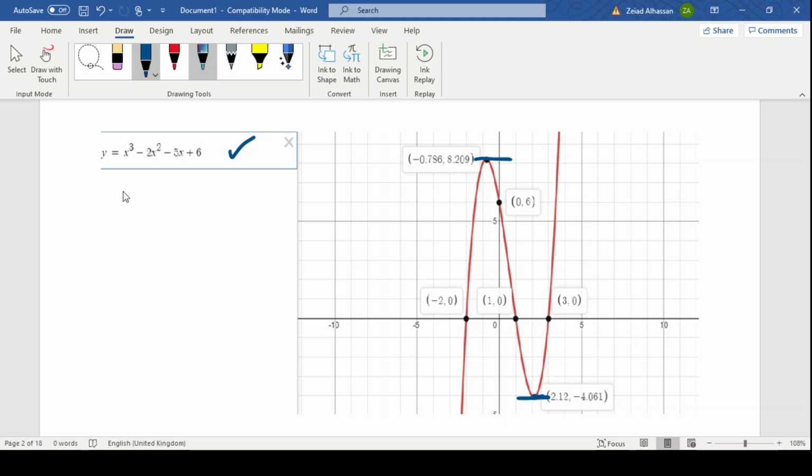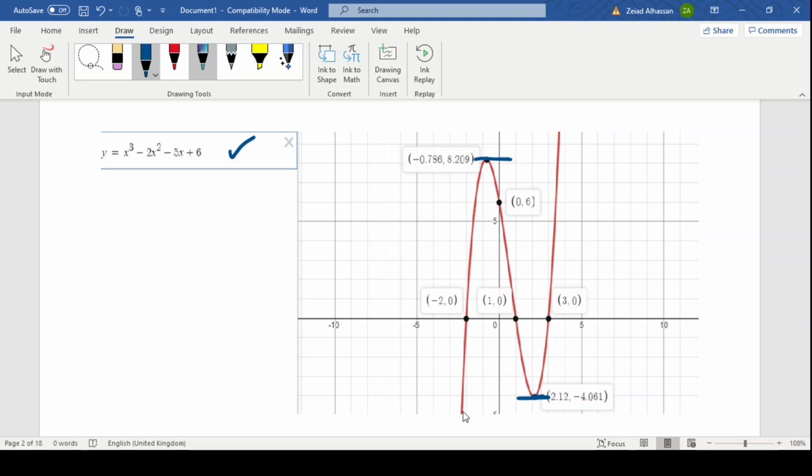First of all, I would like to revise the increasing and decreasing interval for a function. As you can see, this is a very well known way how to sketch the graph of a cubic.